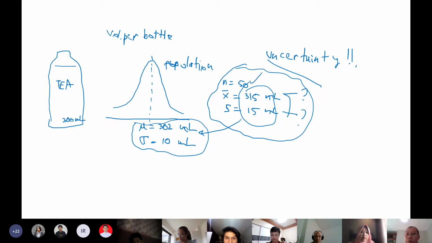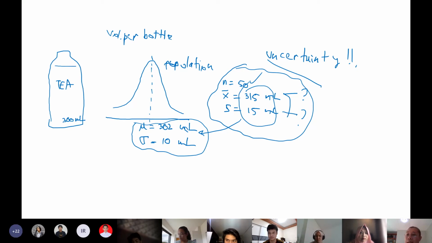Okay, so we have no way of knowing what numbers we're going to get until after we're done with the measurement. So we call these numbers random numbers or random variables. By random, I'm not saying that the measurement is done erratically, no, but it simply says that we don't know the value of those numbers before we do the measurement.